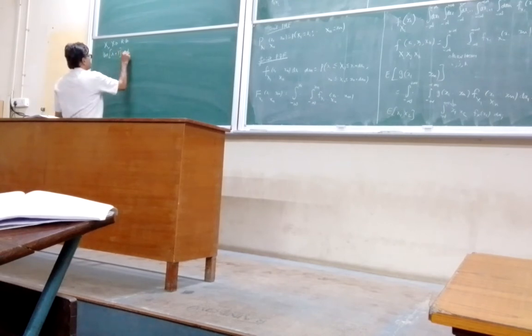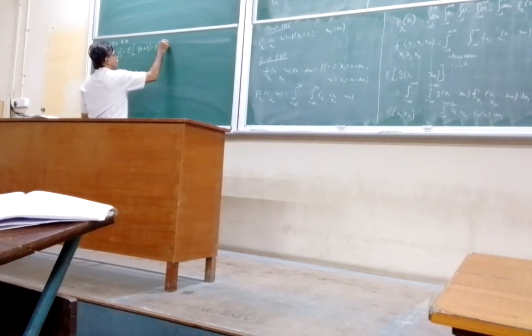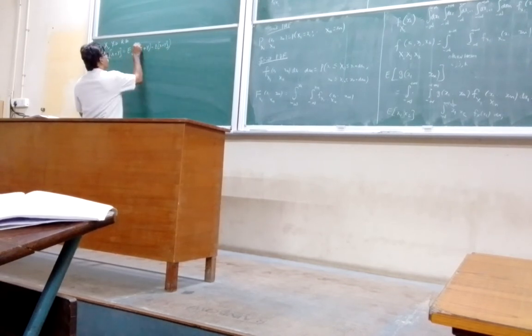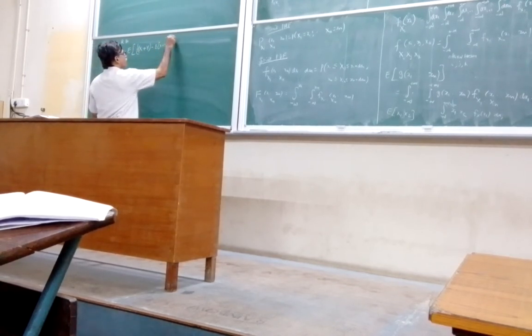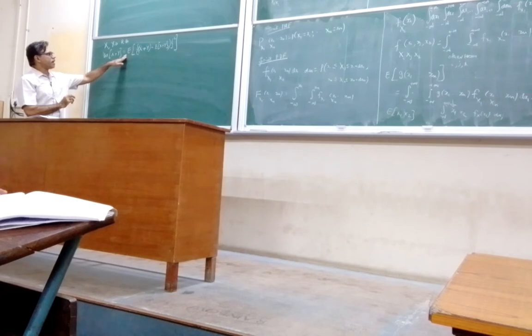By definition, this is nothing but x plus y minus expectation of x plus y, the square of this, and then taking expectation.